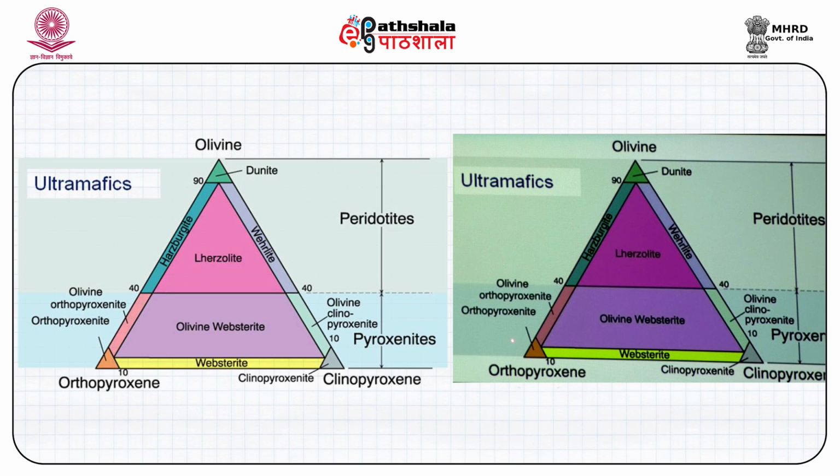And on this end, if you have less olivine and more orthopyroxene, it is called olivine orthopyroxenite, or you can say olivine-bearing orthopyroxenite. Similarly, on this end it will be olivine clinopyroxenite. So, this is clinopyroxene, this is olivine, and it is called pyroxenite. In general terms, the rocks are known as pyroxenite.